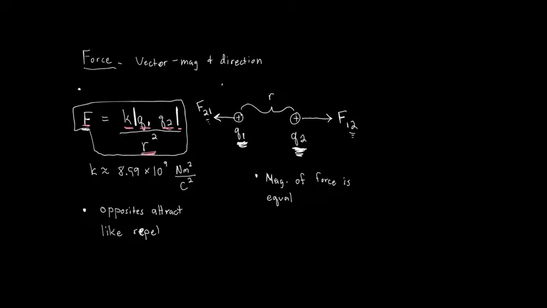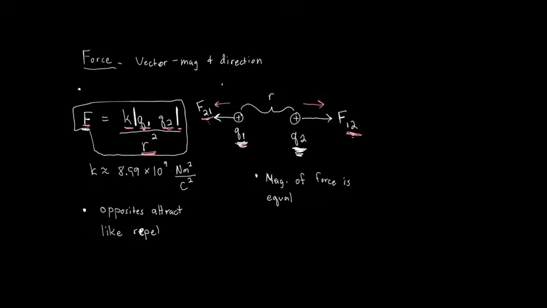So if I'm doing force of 2 on 1 or force of 1 on 2, that magnitude doesn't change. The only thing that changes for these two forces is the direction. If I'm talking about the force on charge 1, it is going to go to the left. Charge 2 is going to go to the right if I'm talking about the force that's exerted on charge number 2. So this is how we can figure out the magnitude and direction for our forces.